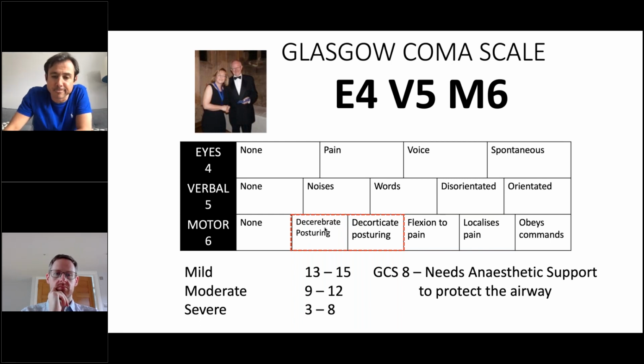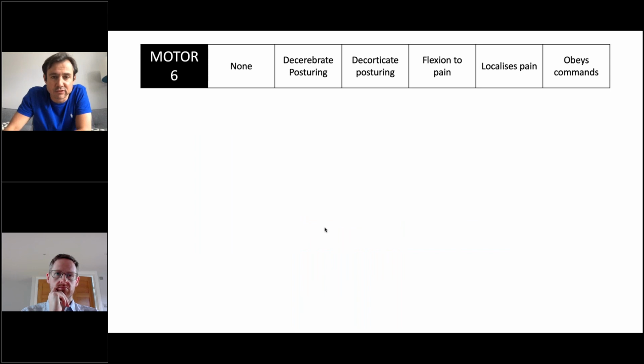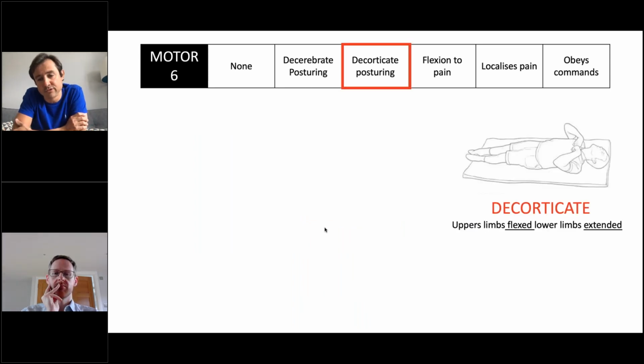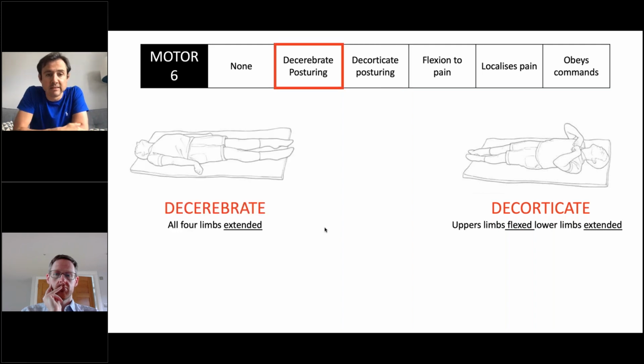So if we just focus on that, decorticate posturing is this bending up of the arms. People talk about the boxer, but it's that the upper limbs are flexed and the lower limbs are extended, whereas decerebrate posturing is that all four limbs are extended.